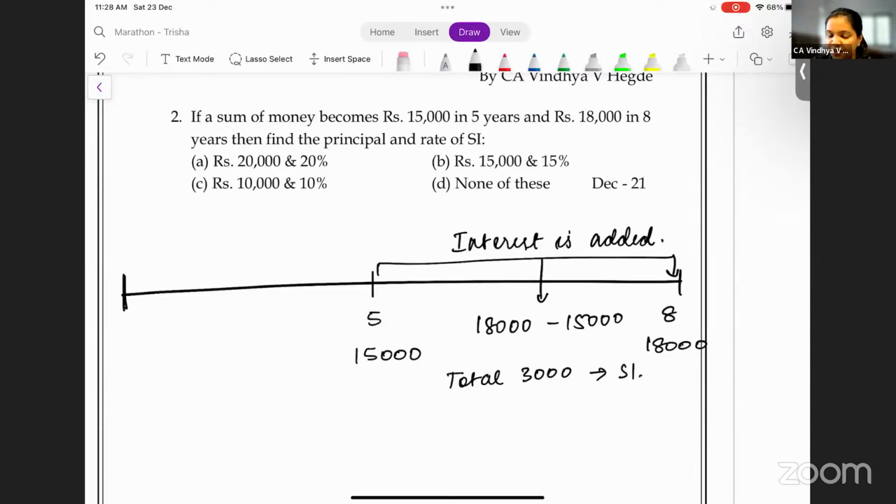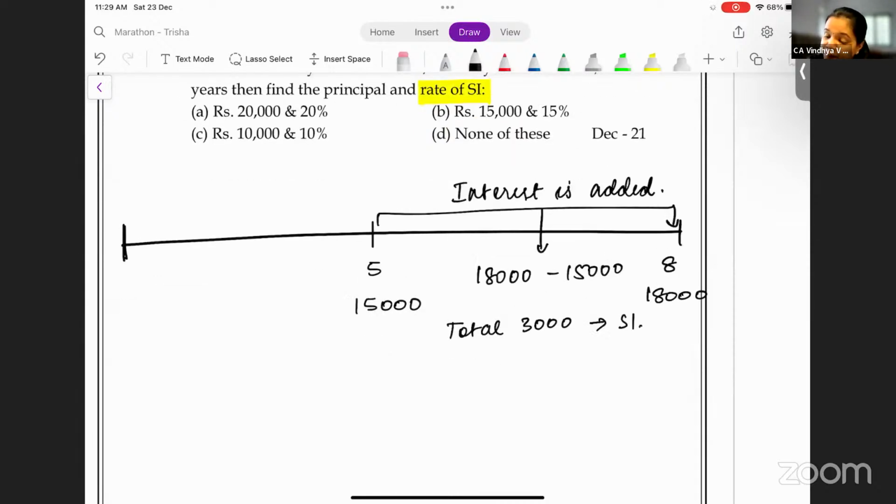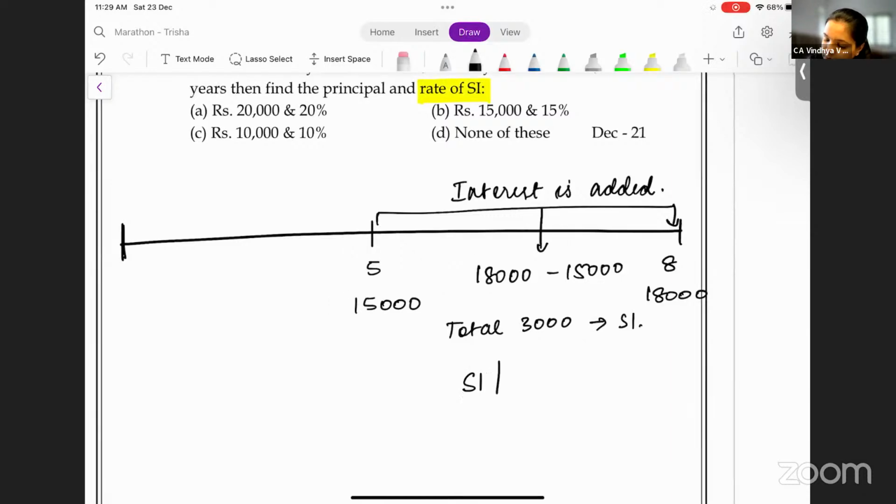The rate of simple interest is given in the question. Is this clear till here? Now, the total simple interest is 3,000 for 3 years, so can I say simple interest per year is 3,000 by 3? That is 1,000.